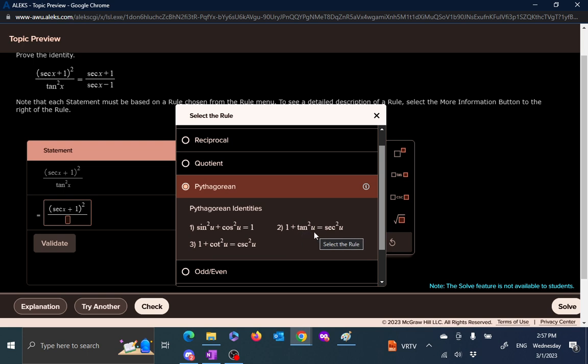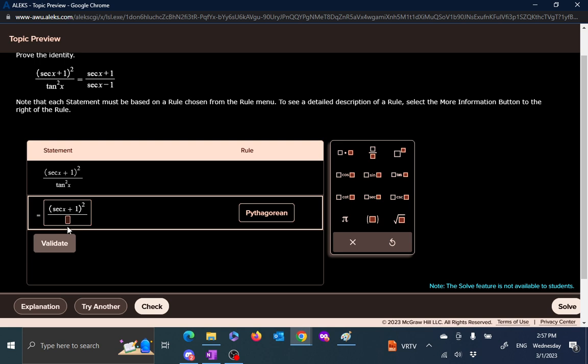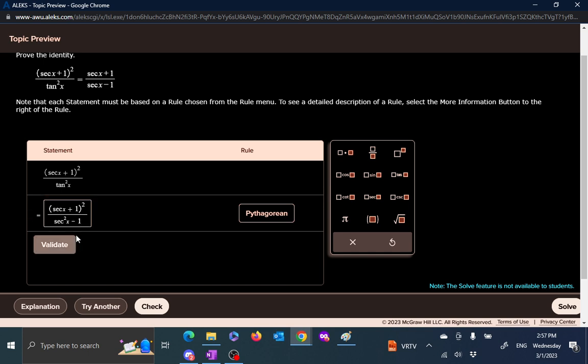Making the replacement for tan squared, secant squared minus 1. So apply Pythagorean.